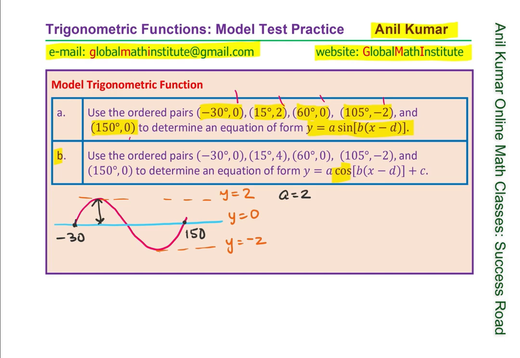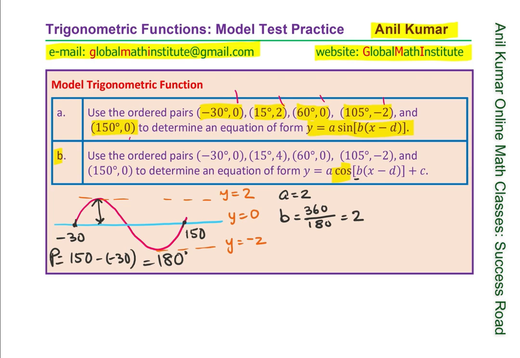The period P is 150 minus minus 30, which is 180 degrees. So the period is 180 degrees. That should help you to find the value of B. So B is 360 divided by 180, and that gives you 2.